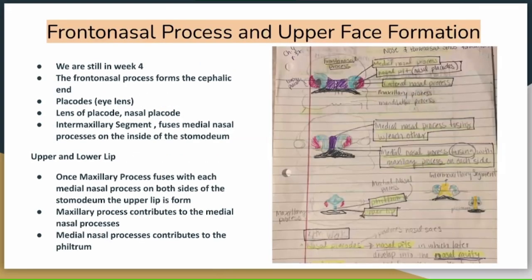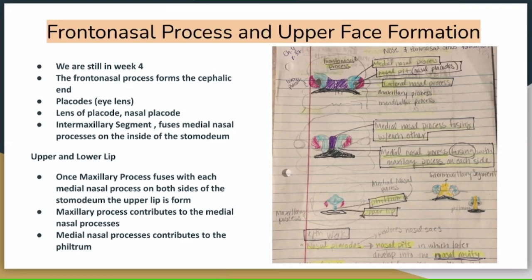The frontal nasal process and upper face formation still continue in the 4th week. The frontal nasal process forms at the cephalic end the placodes, which are islands, the nasal placode. We have the intermaxillary segment, which fuses with the medial nasal process on the inside of the stomodeum.